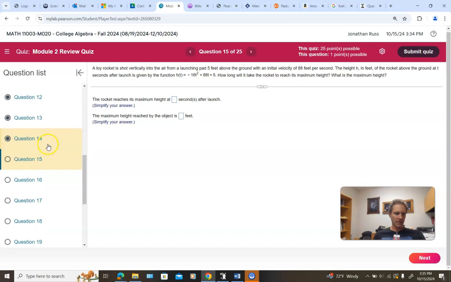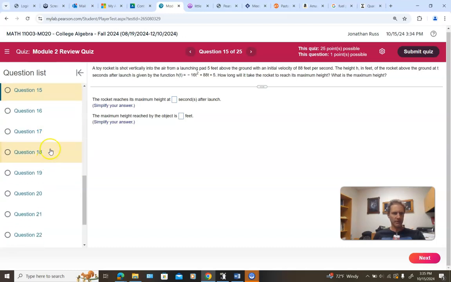Okay, number 15. I think this may be another one that you have to show work for. So we've got this function that models the height of the rocket. It's a function of time. So you can determine how high the rocket's going to be after so many seconds from launch.